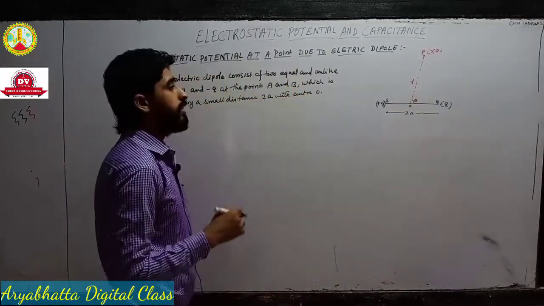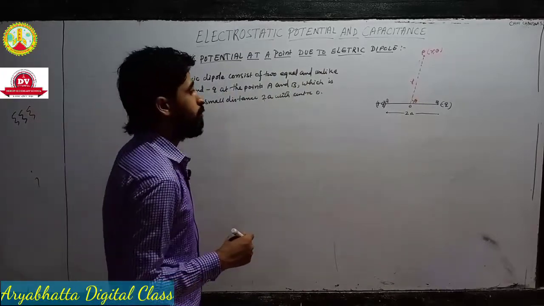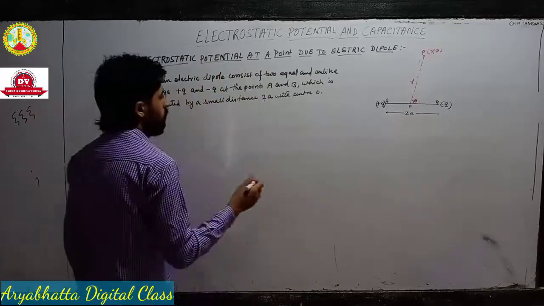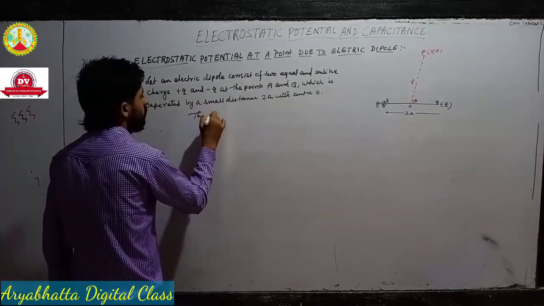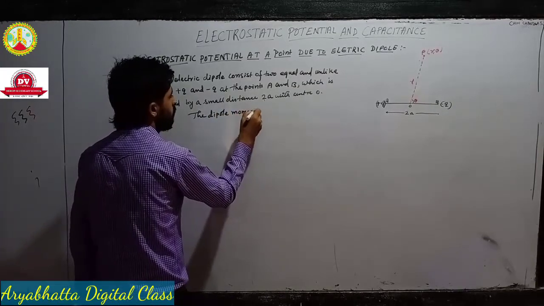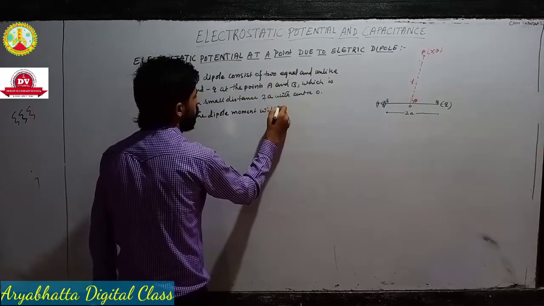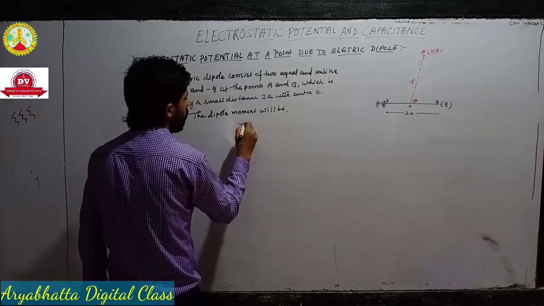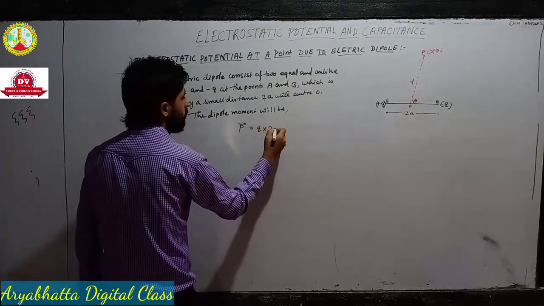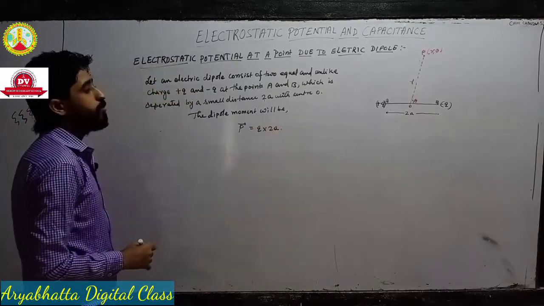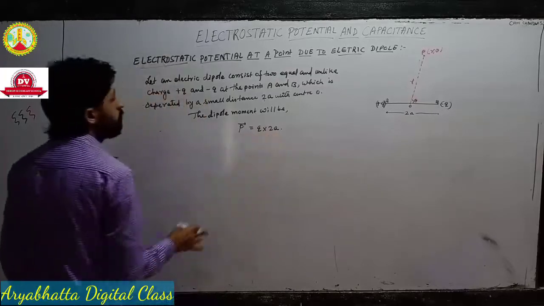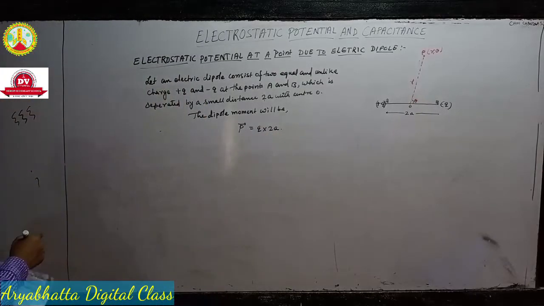We have already done this in the first chapter. The dipole moment will be p equal to q into 2a. That we have already proved in chapter 1. So we have got the dipole moment as p equal to q times 2a, as simple as that.